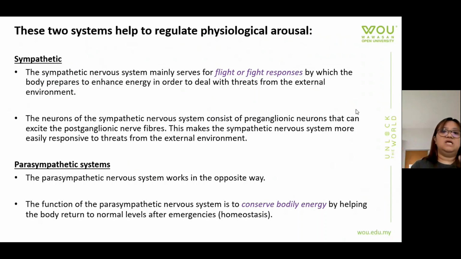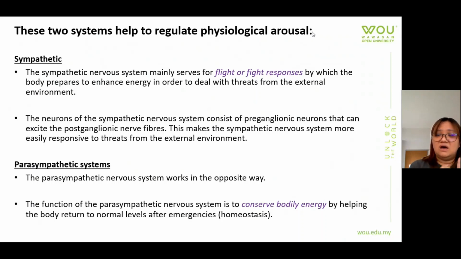The neurons of this sympathetic nervous system consist of the preganglionic neuron, which can excite our nerve fibers, and that is why it makes us more easily responsive to the threat from the external environment.